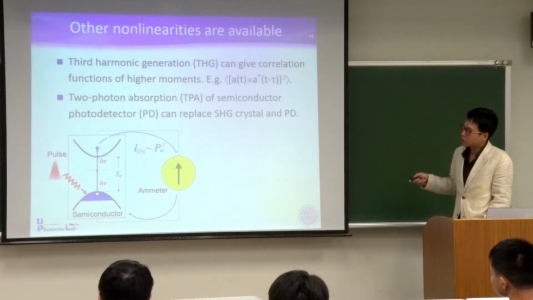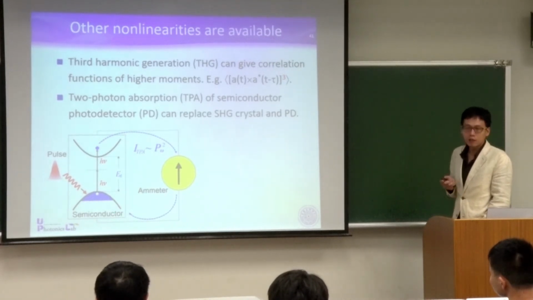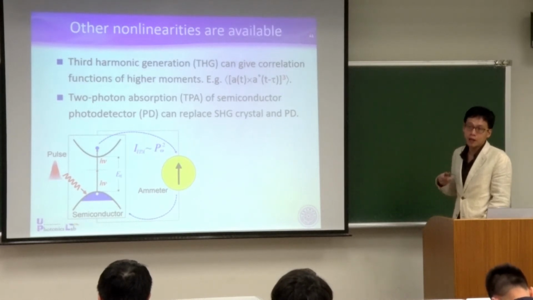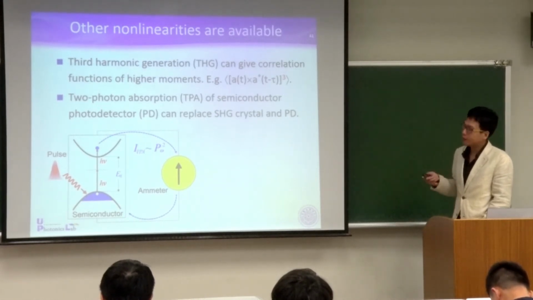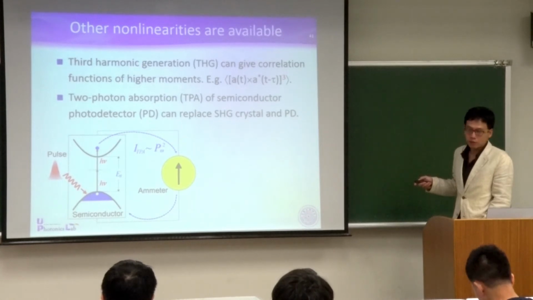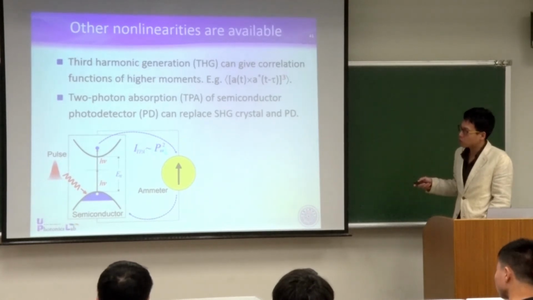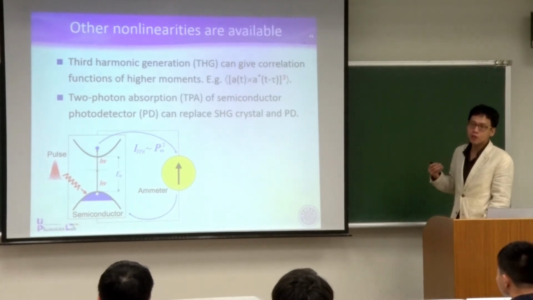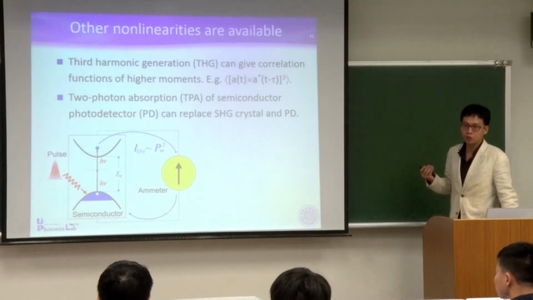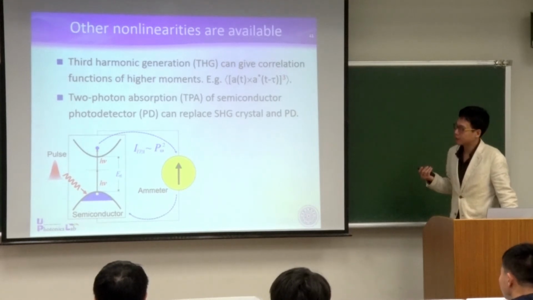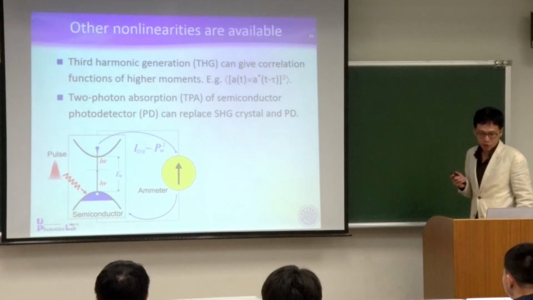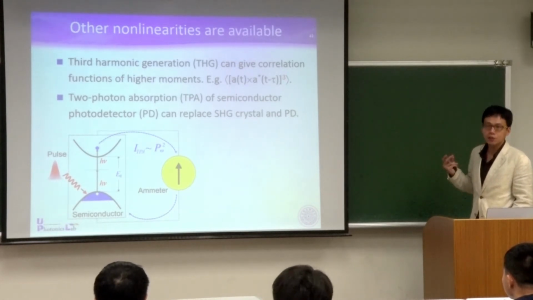After that, the electrons can release back to the valence band, and there is a photocurrent that you can measure with an ammeter. Okay? And it turns out that the photocurrent is proportional to the square of the fundamental power, which is very similar to the second harmonic generation effect. Okay? So with this simple configuration, you can also measure intensity autocorrelation.